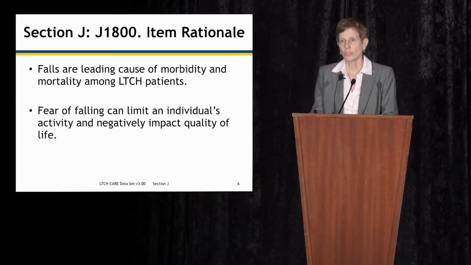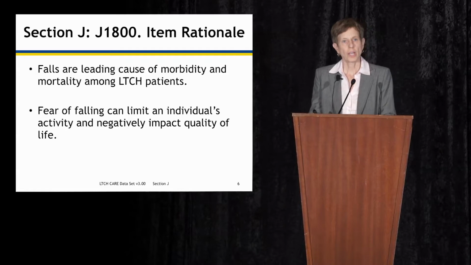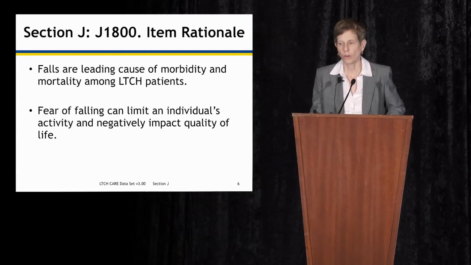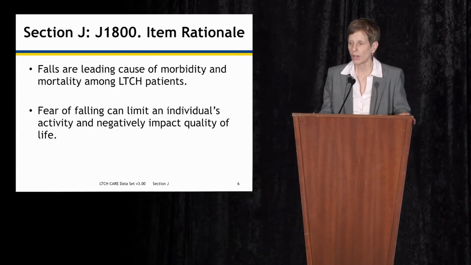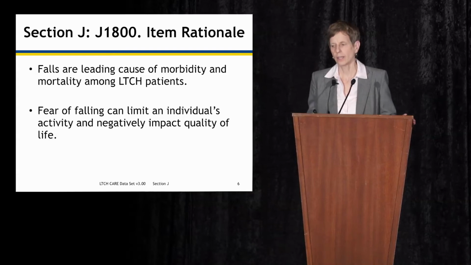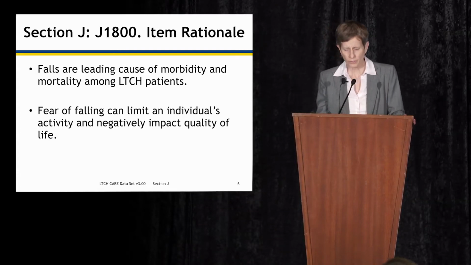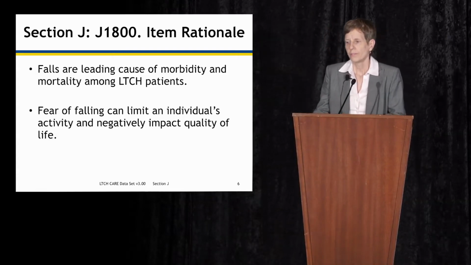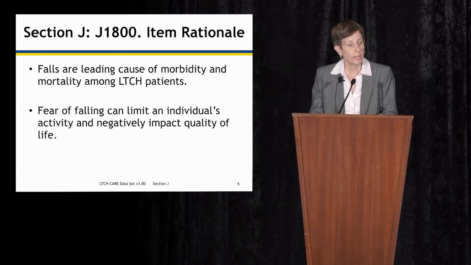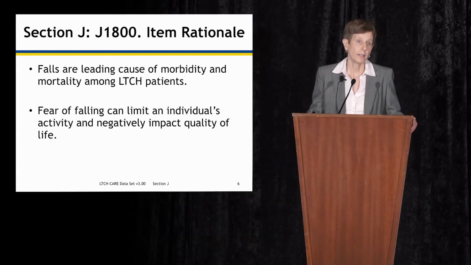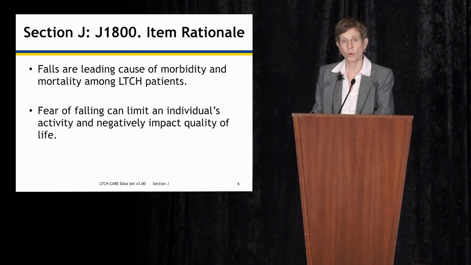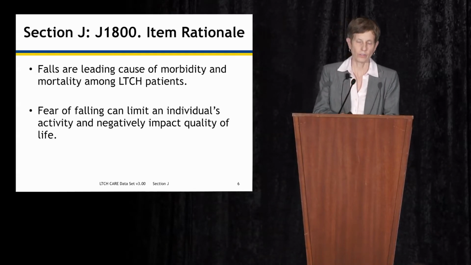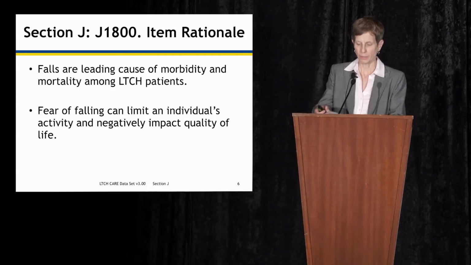So the rationale for item J1800, falls are a leading cause of morbidity and mortality in the long-term care patient population. Fear of falling can limit an individual's activity and negatively impact one's quality of life. You can imagine the negative consequences of a fall and how that might impact someone.